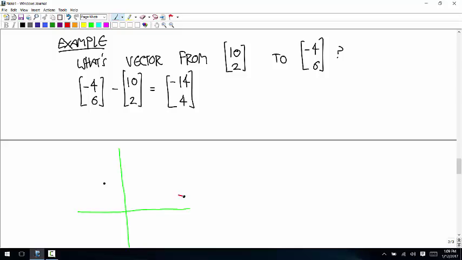So the vector from that starting point to that ending point is this. And if you think about the components of this vector, think about putting the tail of this vector at the origin. What quadrant would that be in? We know that it makes sense to have a big negative x value and a smaller positive y value. And that matches the answer that we got.